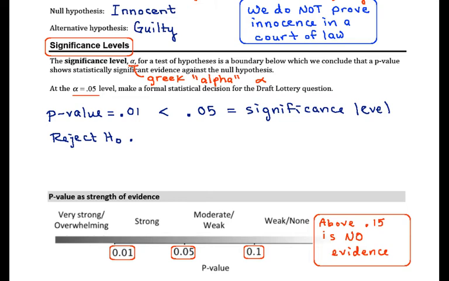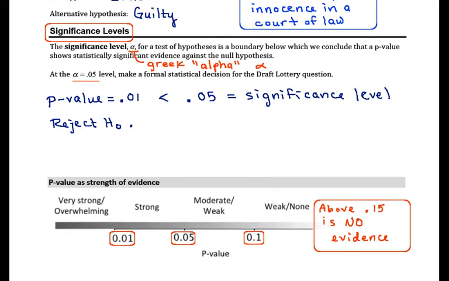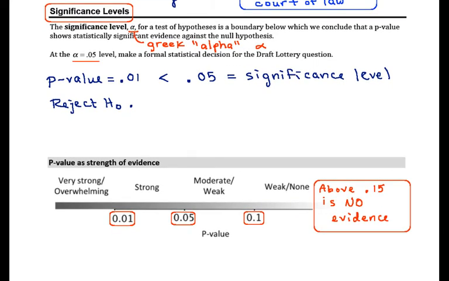But we can describe the strength of our evidence using this scale, and usually we do that if we're not given a significance level. So for example, in our draft lottery example, we had a p-value of 0.01. It usually doesn't come out to be exactly equal to one of these, right? But we didn't have very many dots to count. So that was about our p-value.